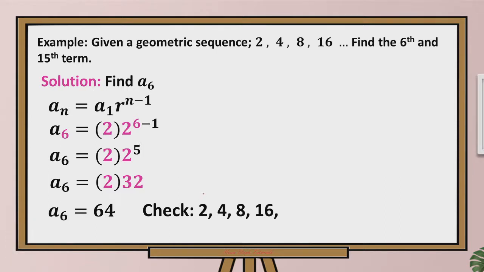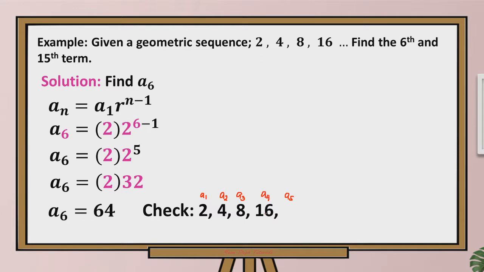And we know that 2 is our first term, 4 is our second term or a sub 2, then 8 is a sub 3, 16 is a sub 4, and then our a sub 5 can be obtained by multiplying 16 by the common ratio of 2.